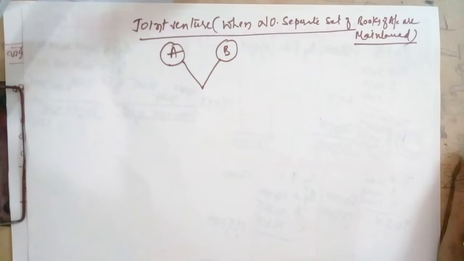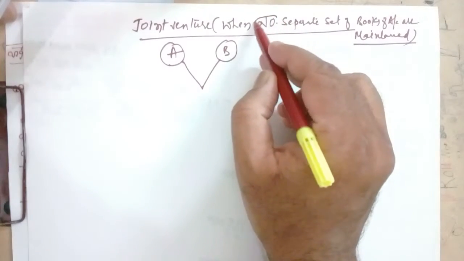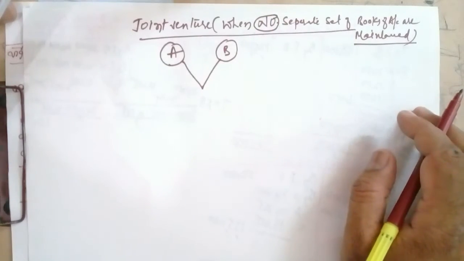To reduce this cost, it is better to opt for the second method, where no separate set of books of accounts is maintained. Also, if they are residing in different geographical locations, it is highly difficult to maintain a separate set of books. So in these two situations the co-venturers opt for a joint venture without maintaining any separate set of books of accounts.